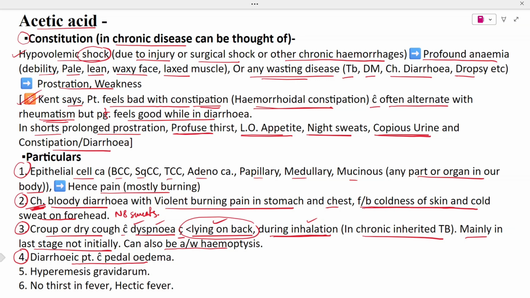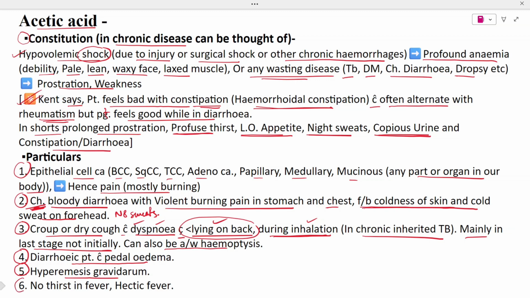Next, the fifth symptom is hyperemesis gravidarum. I have already discussed it in Allen's Keynotes. Hyperemesis gravidarum is excessive vomiting and nausea, particularly in the first and second trimester. In the first trimester feeling nausea is common, but when it is aggravated or excessive, you call it hyperemesis gravidarum. In that situation, you can think of acetic acid when the patient becomes very weak day by day with increased vomiting.